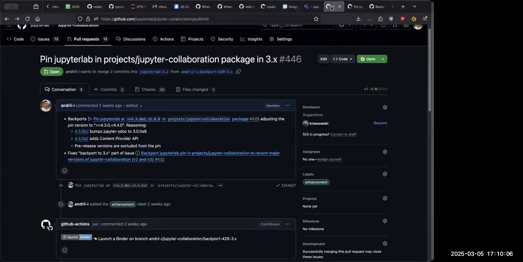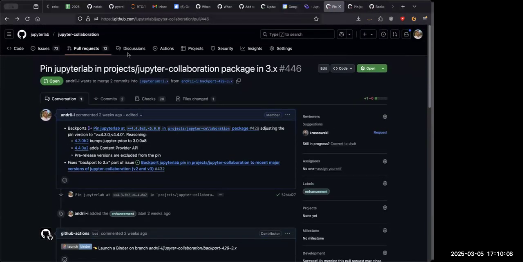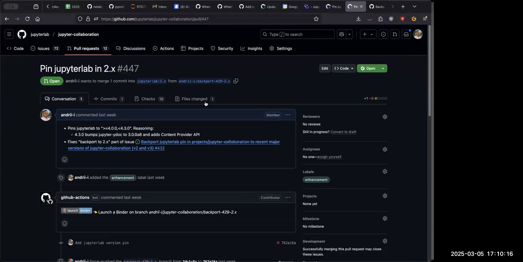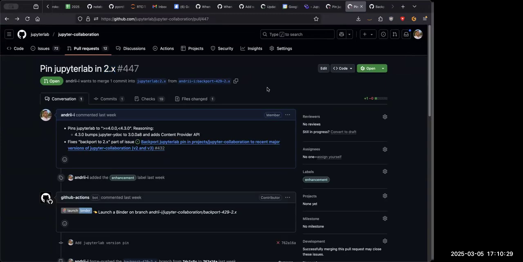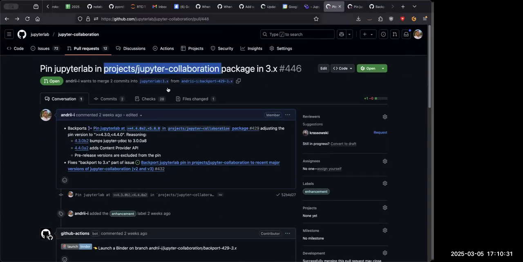And I have opened the PRs to pin the JupyterLab version in the Jupyter collaboration package in 3.x. And not in that package, because in the text there was not yet a package split based on the repo structure. So here I was adding it on the topmost level, right?